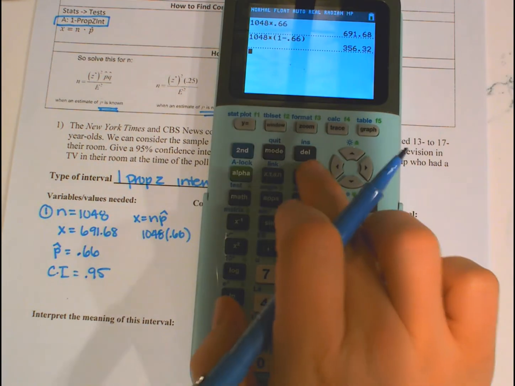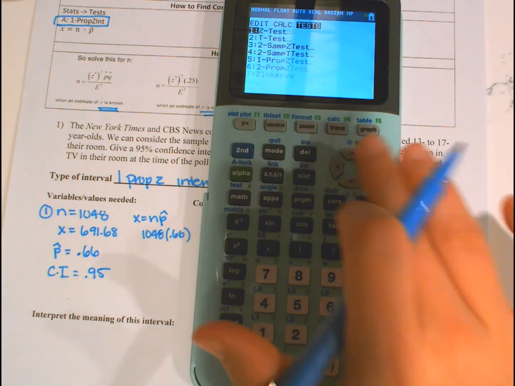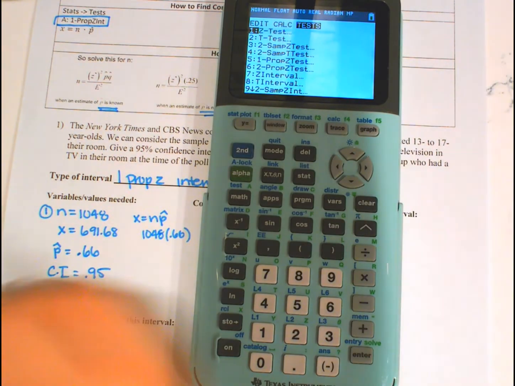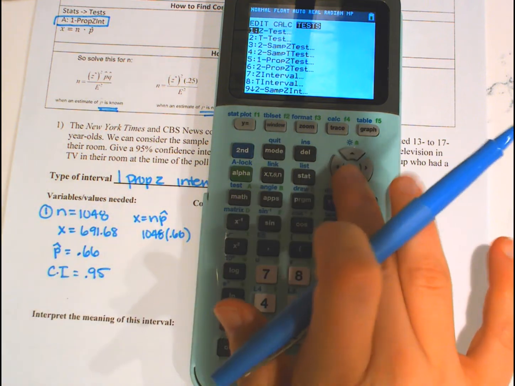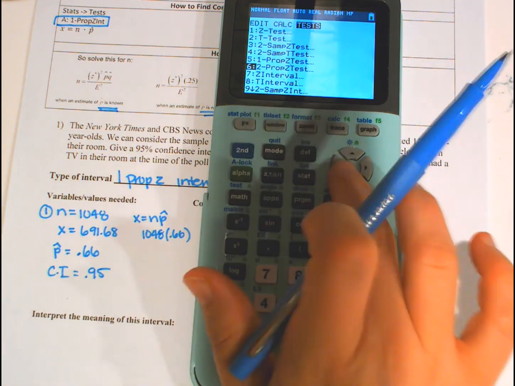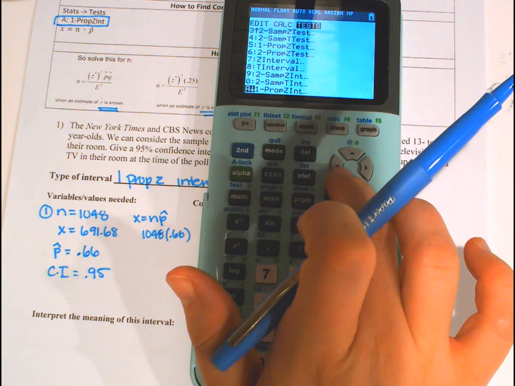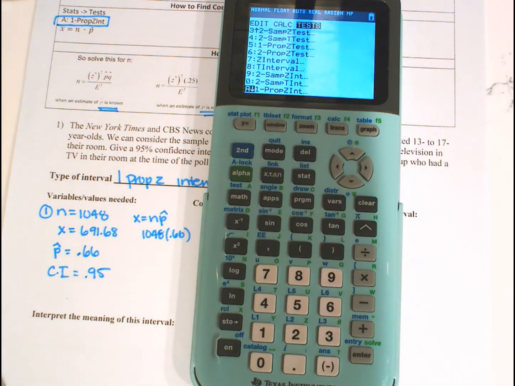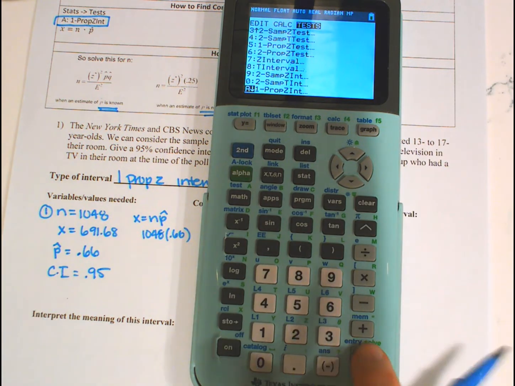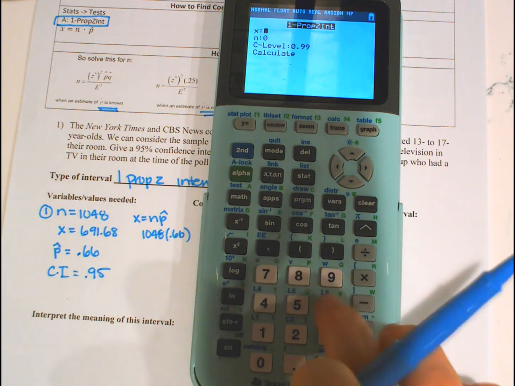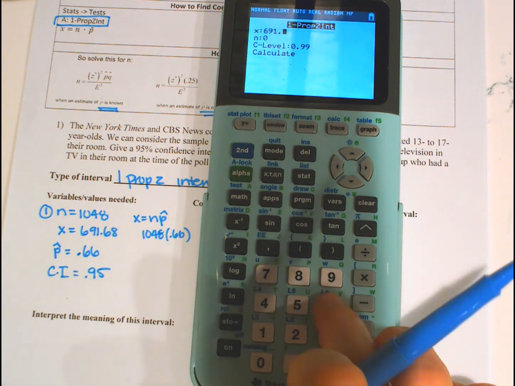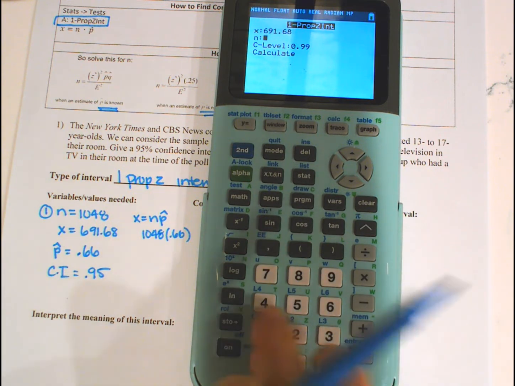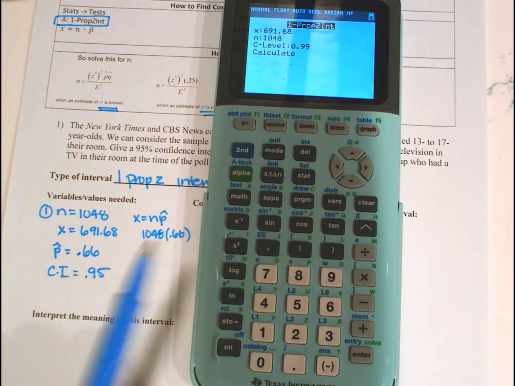So to do that, we hit stat, go over to test, and then we're looking for our one prop Z interval, not Z test, our one prop Z interval. So that's letter A on our calculator. So then our x value we got was 691.68. Our n value was 1,048.